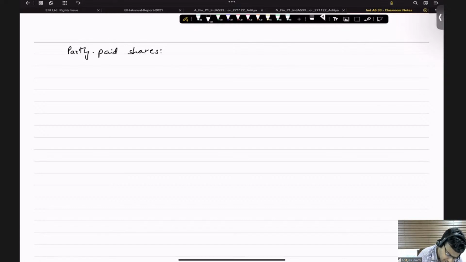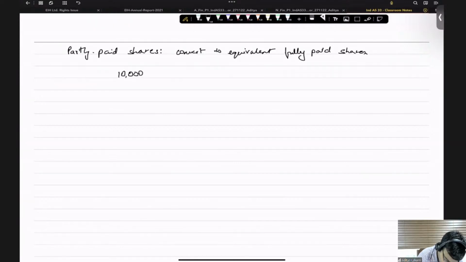Well, the working will be done as: convert to equivalent fully paid shares. Suppose I am having 10,000 equity shares of rupees 10 each, rupees 3 paid up.